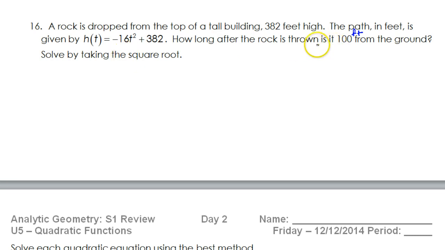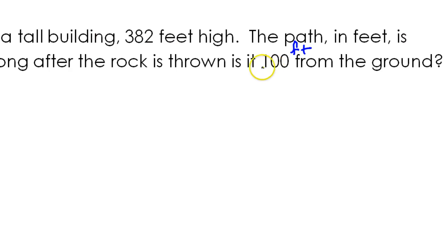Okay, if we want it to be a height of 100 feet from the ground, that means, see, this function is a function for height. So by giving us 100 feet from the ground, they're giving us a height.